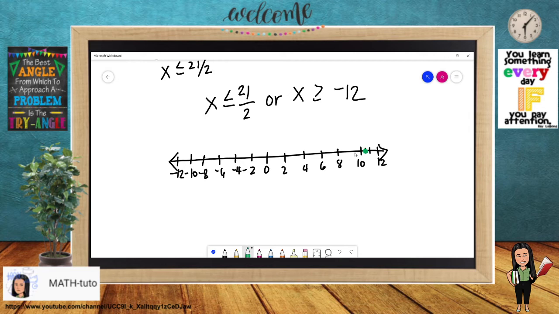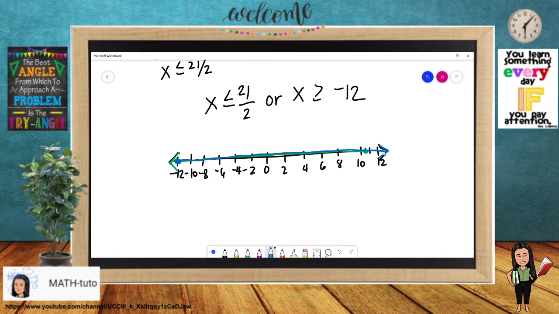And then we shade to the left because it is less than. And then the next, greater than or equal to negative 12. So, negative 12, I'll change the color. Negative 12 until positive infinity. Straight all the way to here.